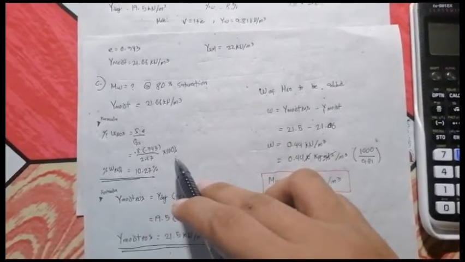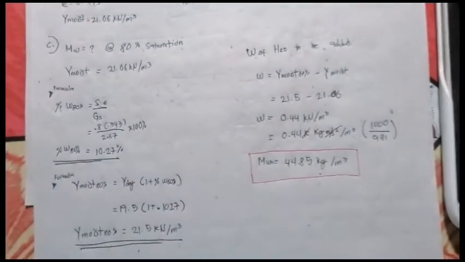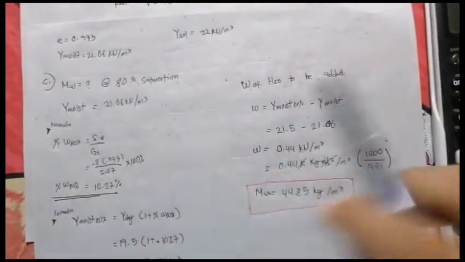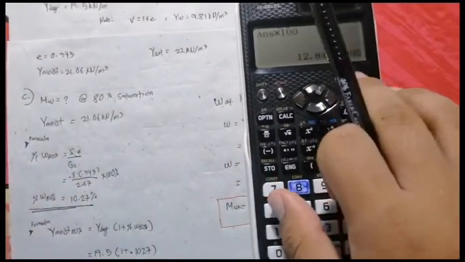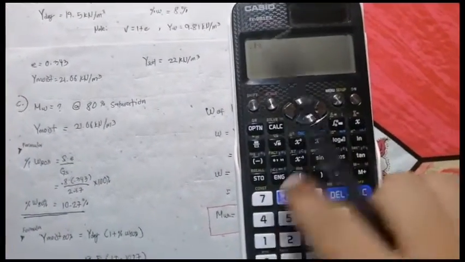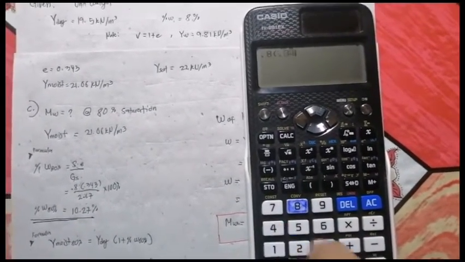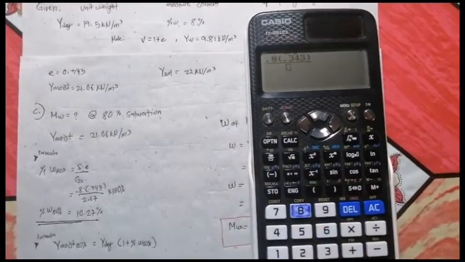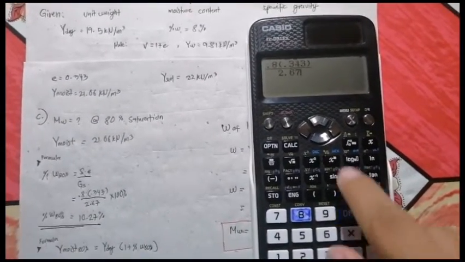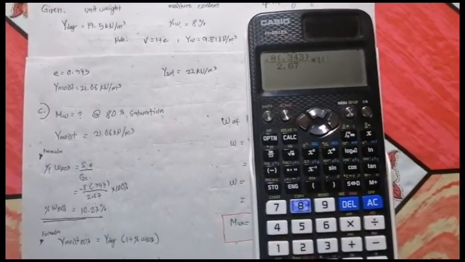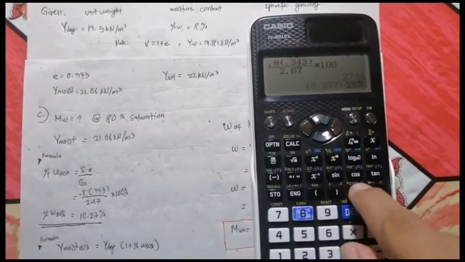And then, multiply natin ito ng 100% upang maging percent yung ating answer. So, answer natin dyan ay, yan, tama ba? 0.8 multiplied by 0.343 over 2.67. Yeah. Times 100.